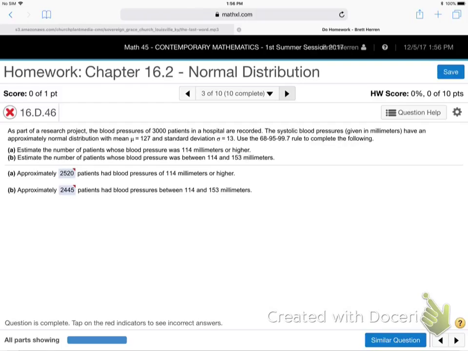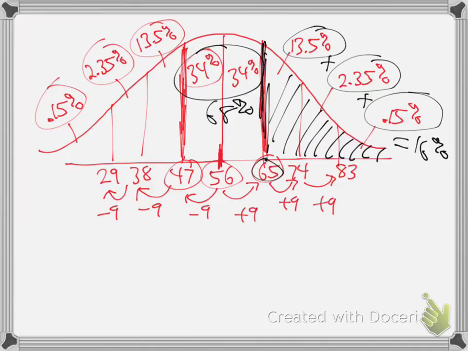Okay, part of a research project, blood pressure, 3,000 patients, the hospital recorded systolic blood pressure given in millimeters, with an approximately normal distribution, mean, and so on. Oh, this little thing right here, when they say use the 68, 95, 99.7 rule, that means the bell curve. Why does that mean the bell curve? Let me show you why. If you add up these two numbers in the middle, you get 68, right?